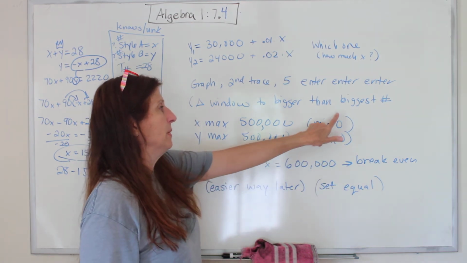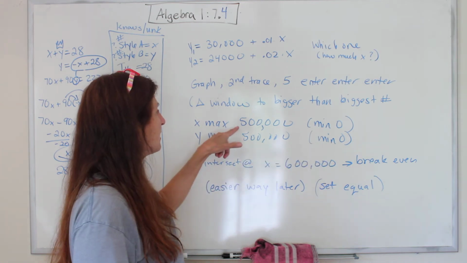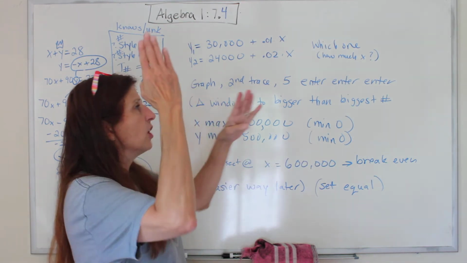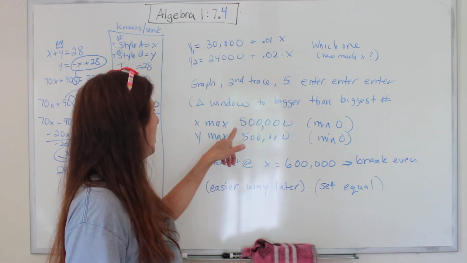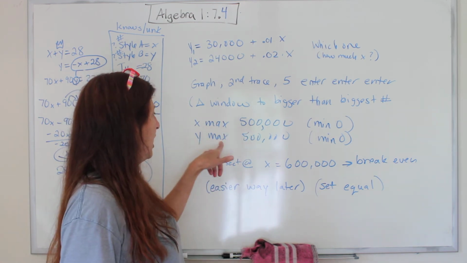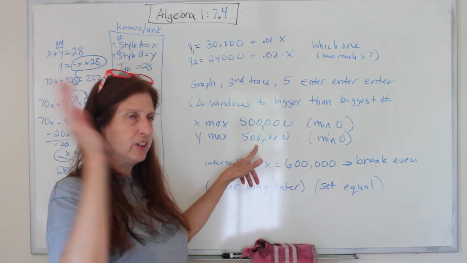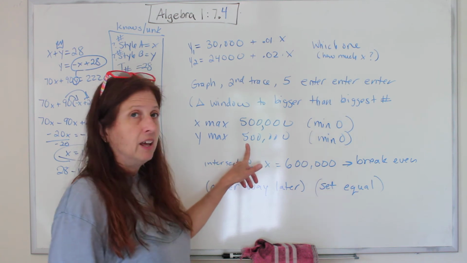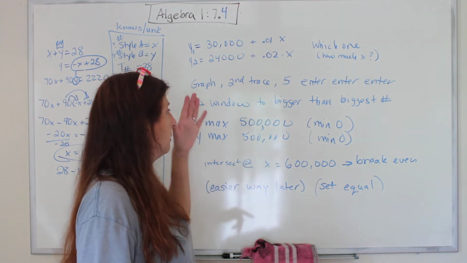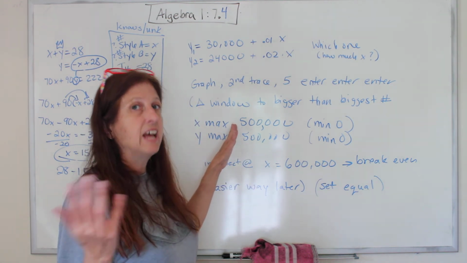So we're going to set our minimums to 0, and our maximums need to be huge so that we can get where these 2 lines intersect. So I might put my Y max and X max to $500,000. We'll see if that's big enough. If it still says you can't do it, then make it 700,000.